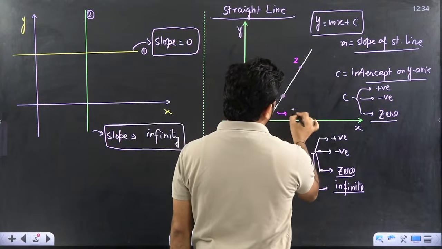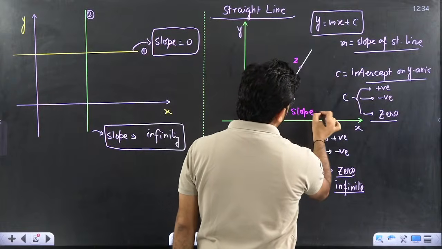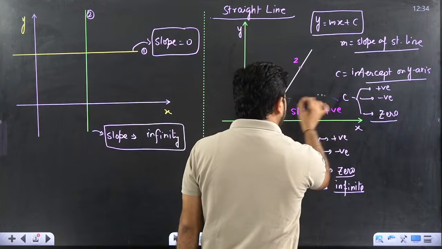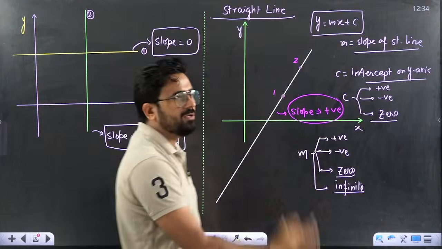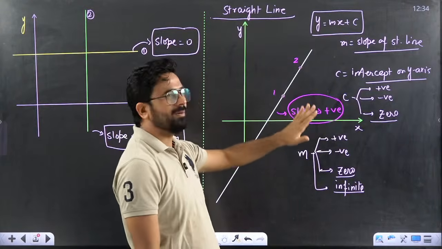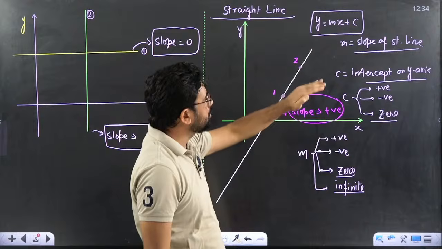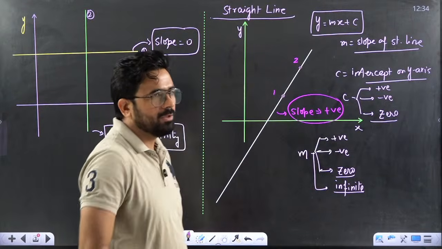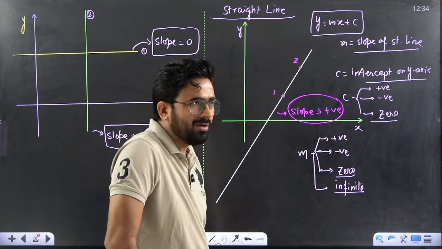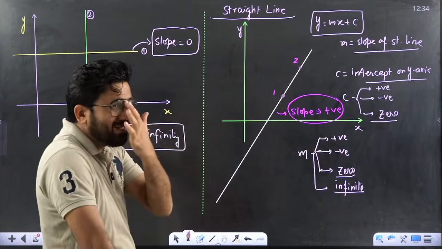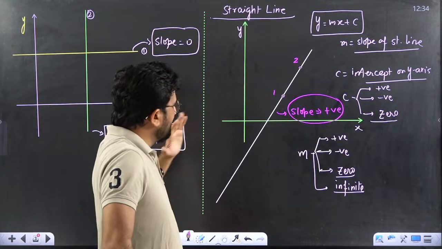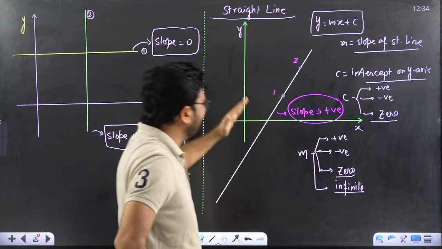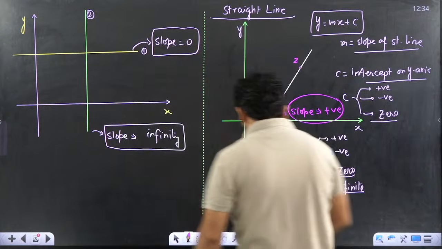Its slope is positive. How much slope? We will learn how to calculate it. First, this should be clear to everyone. This is not negative. Clear or not clear? Everyone, Alpha circuit and the other person also, you can reply. So here the slope is positive when we are moving left to right.